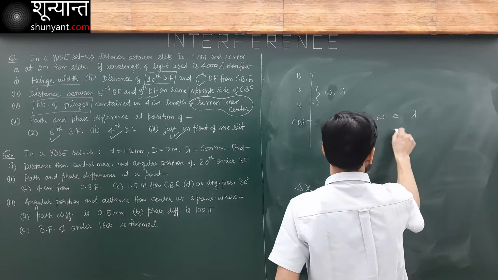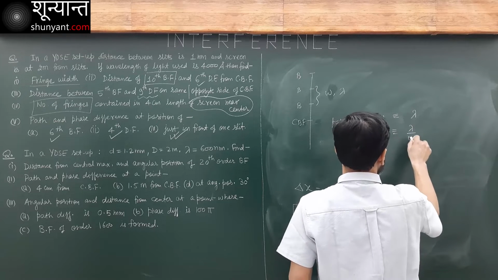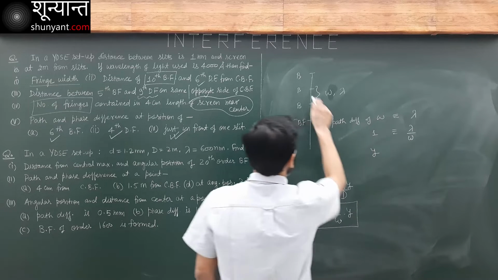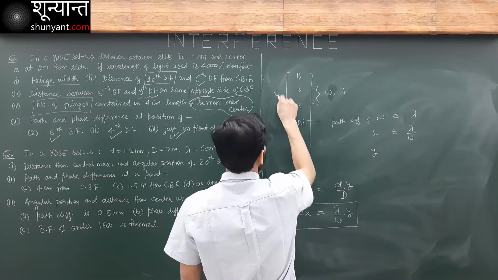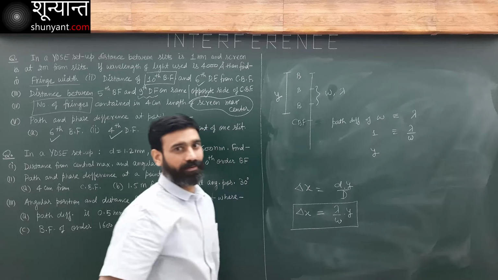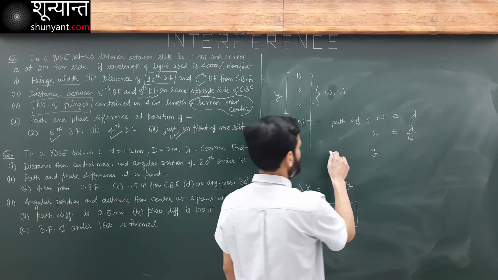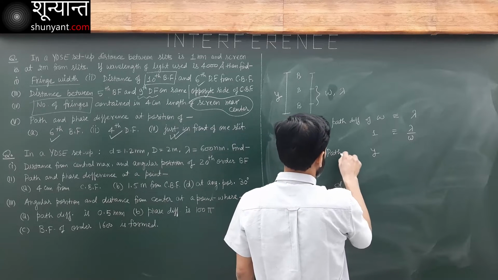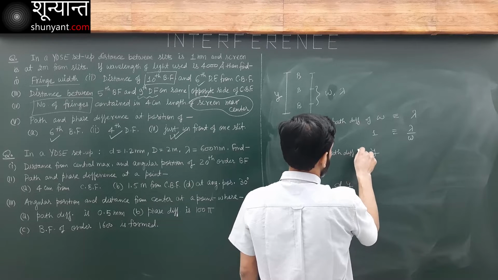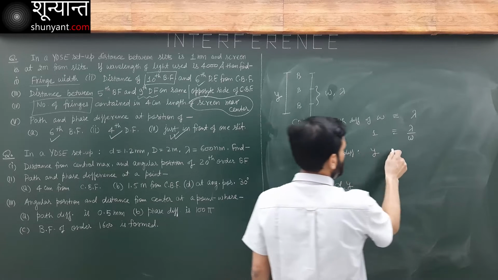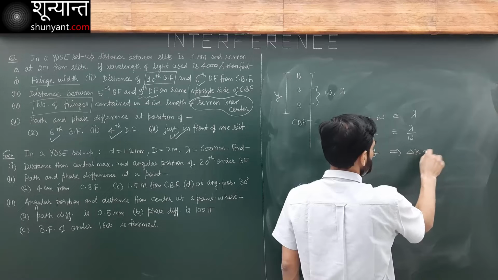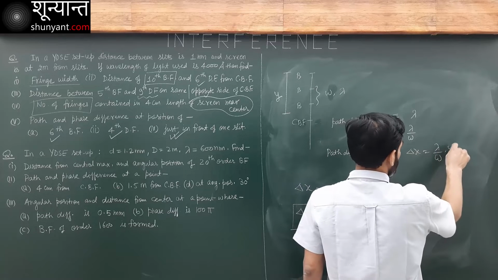So 1 unit of distance is equivalent to lambda over omega. Then what will happen if the distance between two points is y? The path difference corresponding to y is delta x is equal to lambda over omega into y.